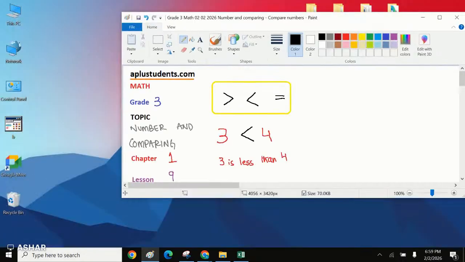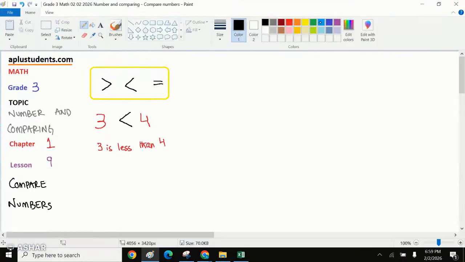But if I change the statement, if I write this as 4 and 3, can we say 4 is greater than 3? Agreed.